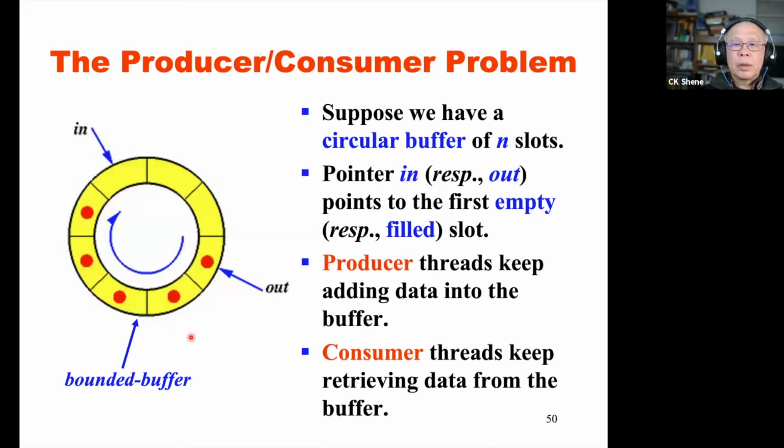Several examples you are used to with your computer system. For example, we talk about stdin so many times. You open a window, you type something through stdin for your program to read. And stdin has a screen buffer associated. Then when you type in something through stdin, you are the producer.